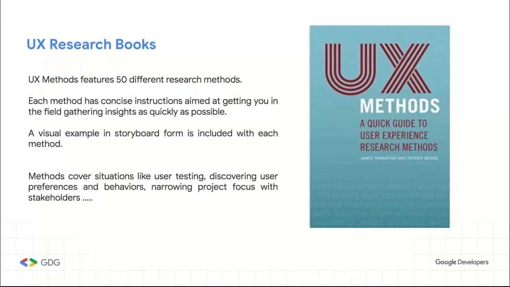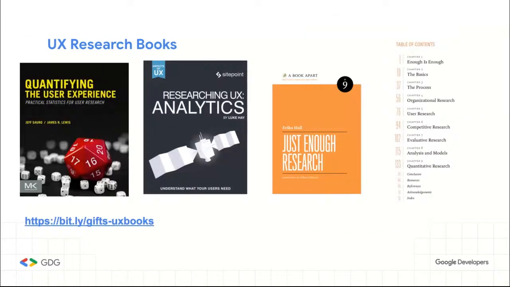A visual example in storyboard form is included with each method. And methods cover situations like user testing, discovering user preference and behavior, narrowing project focus with stakeholders. This book, you can find it on internet, but you can find these ones in the link. The link will be shared on the chat, and all of you can have all those books.